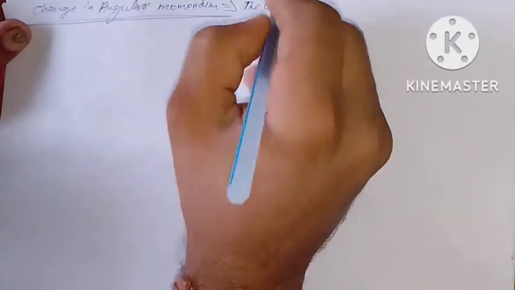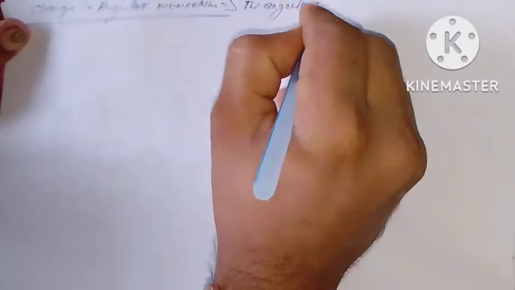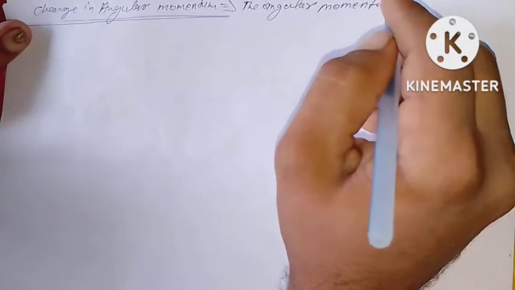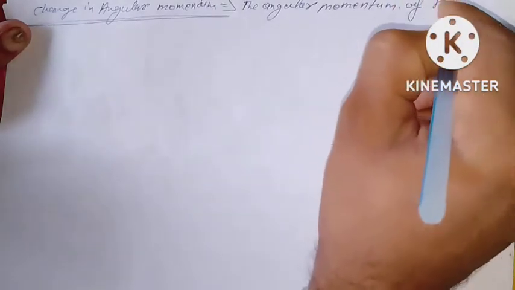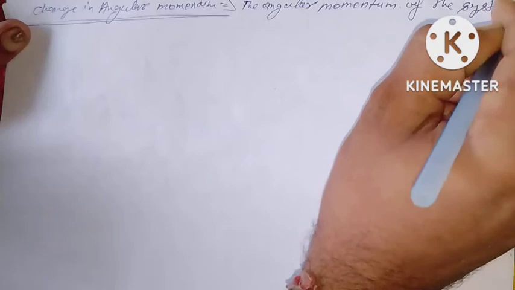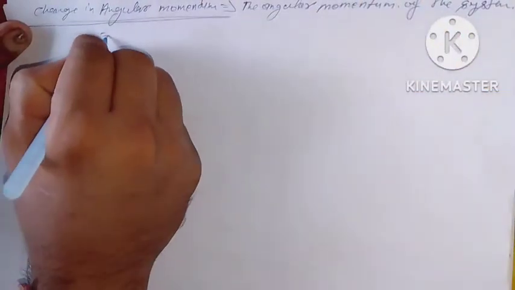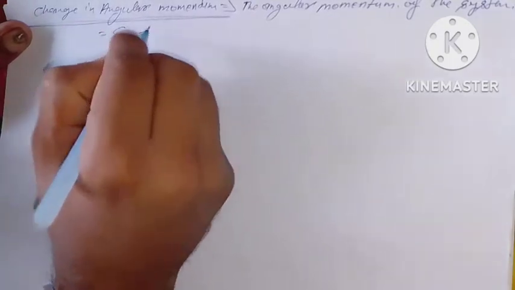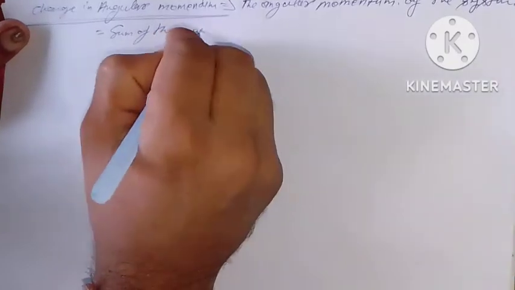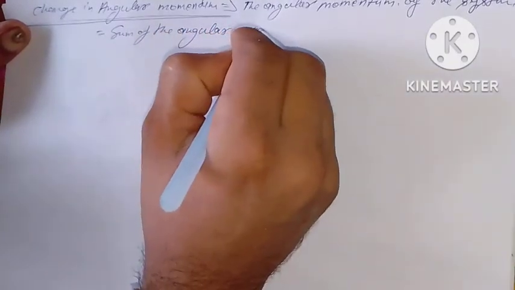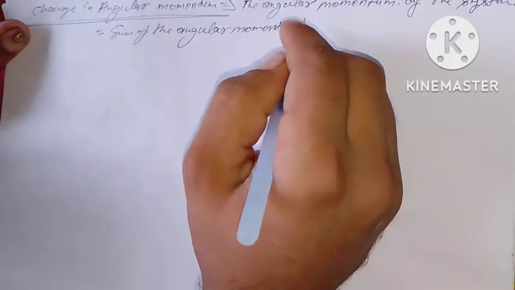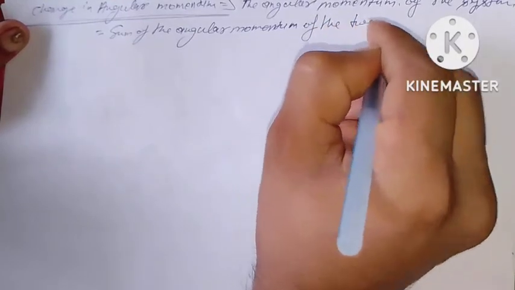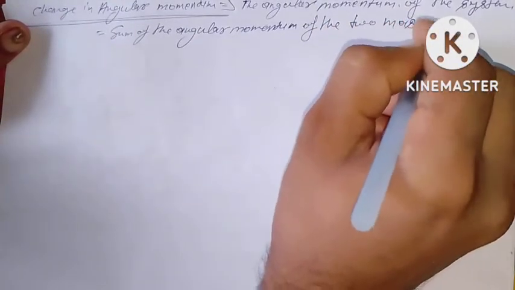The angular momentum of the system is equal to the sum of the angular momentum of the two masses.